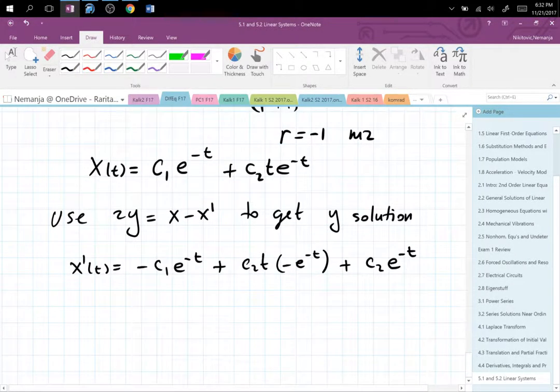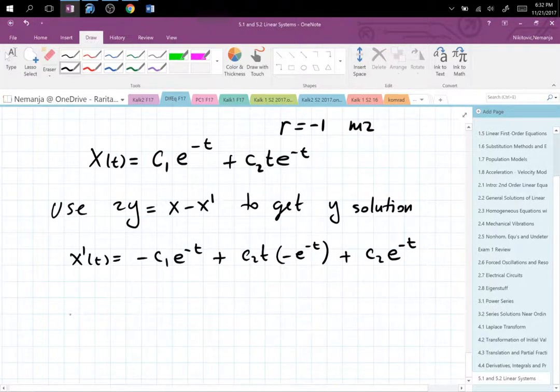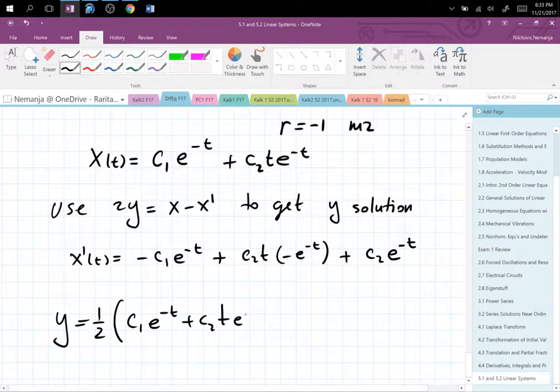And now we get to plug in, so y is equal to 1/2, and now we have x, which is c1 e to the negative t plus c2 t e to the negative t, minus the entire x prime thing, so that's going to be plus c1 e to the negative t, and minus and minus gives again plus c2 t e to the negative t, and then a minus c2 e to the negative t.